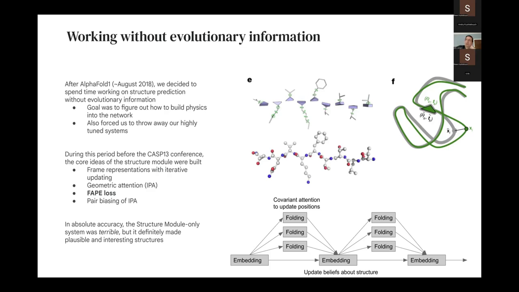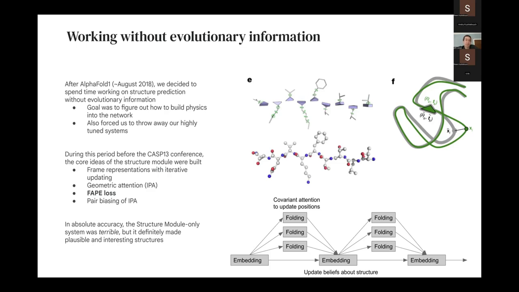It didn't really feel like we were progressing that far. AlphaFold1 was a great system, but we felt like we weren't just going to extend it and extend it and extend it and get to a really great prediction system. And I remember I said, we've got to learn physics, right? We've got to do something with physics.